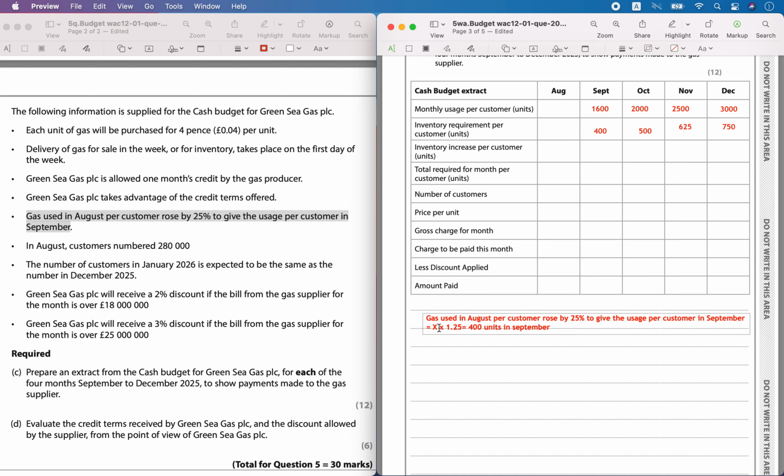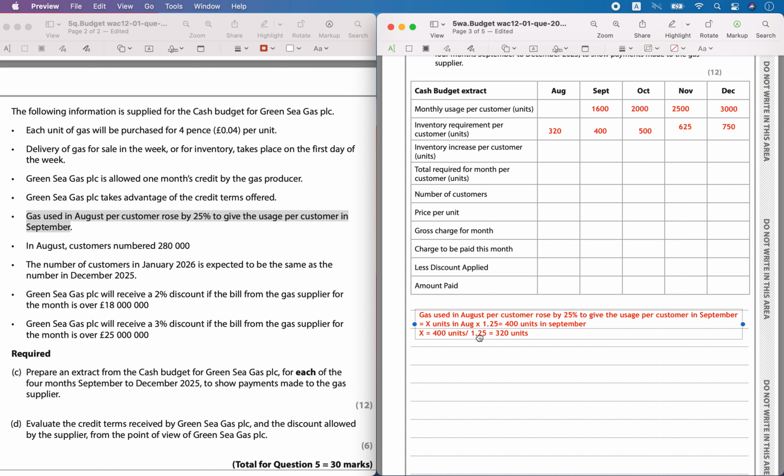So 1.25 times August gives the 400 units weekly usage consumption in September. So X units used in August times 1.25 gives you 400 units in September. It is actually X units plus X times 0.25, which equals X times 1.25. So 400 units divided by 1.25 is equal to 320 units.